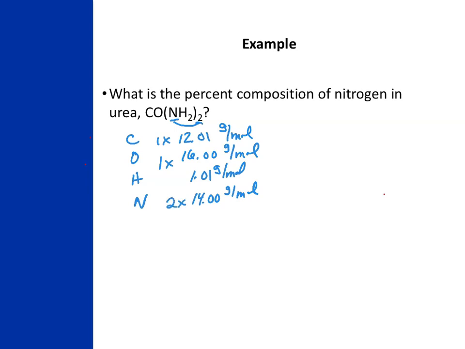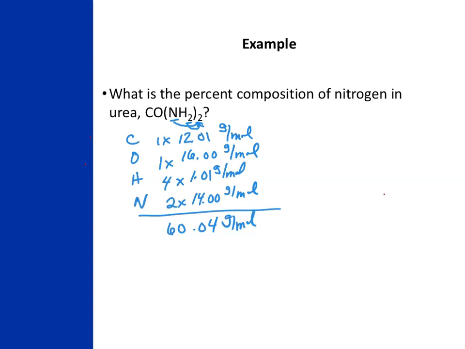So we'll multiply by 2. Hydrogen, there's 2 hydrogen atoms, so again we have this multiplier, so we're going to multiply by 4. And so now all we need to do is add these up. And we'll find that urea has a molecular weight of 60.04 grams per mole.